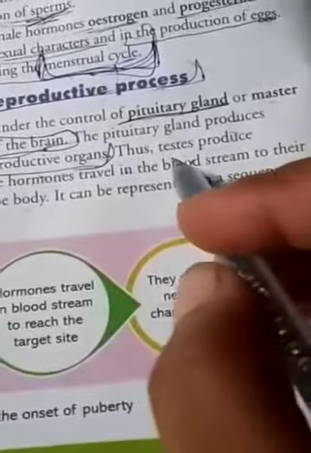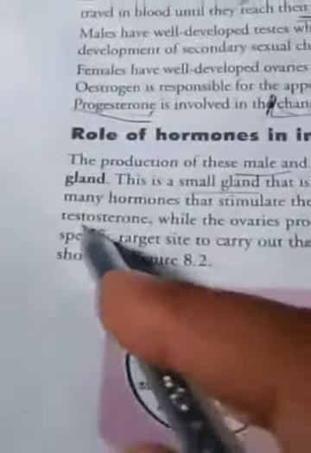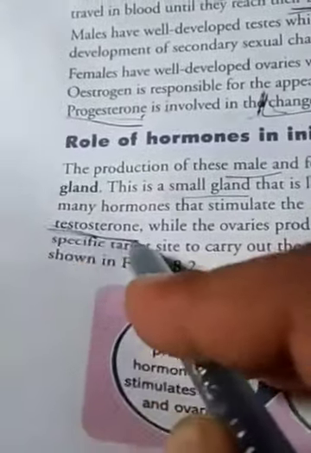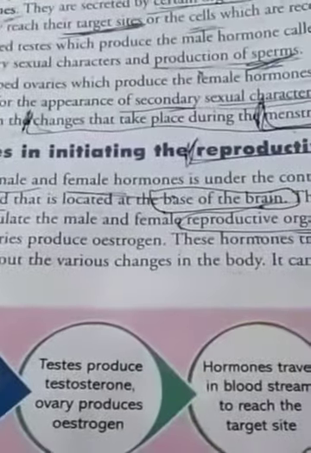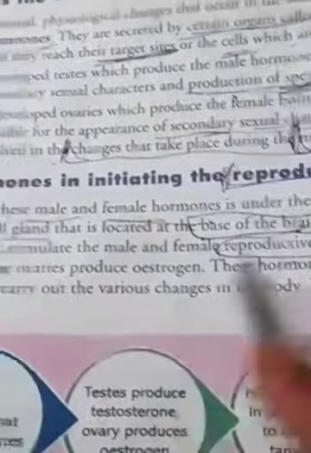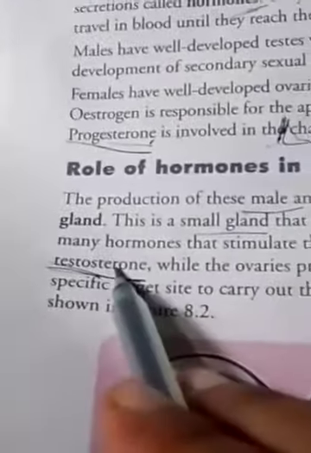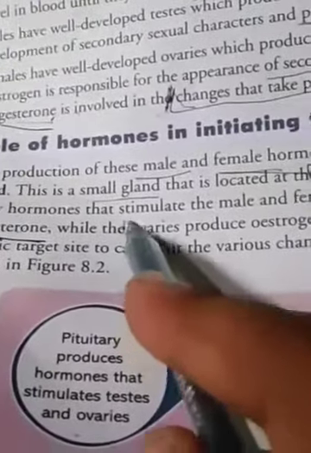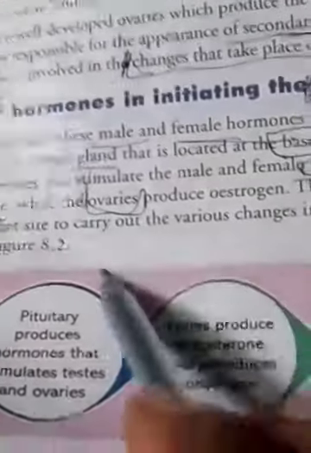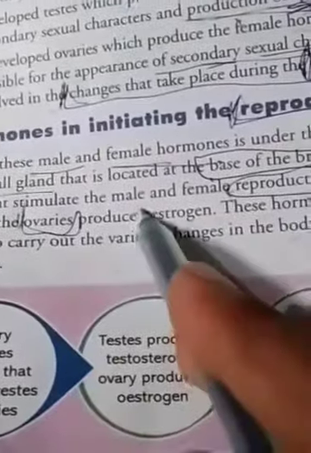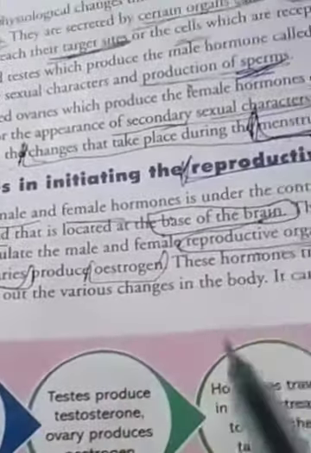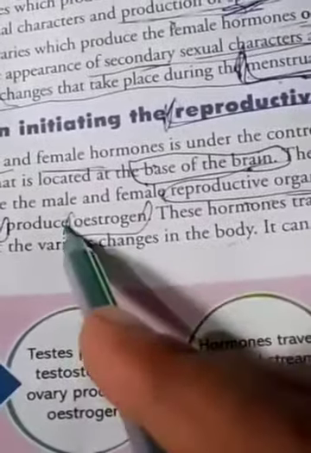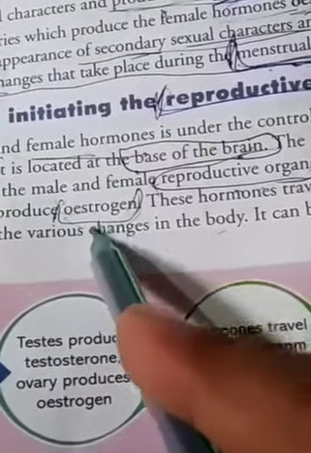Thus, the testes, a part of the male reproductive organs, produce the hormone testosterone, whereas the ovaries, a part of the female reproductive system, produce estrogen.